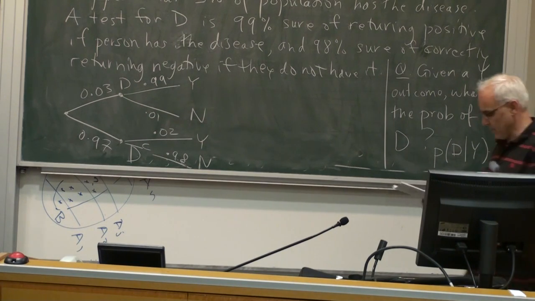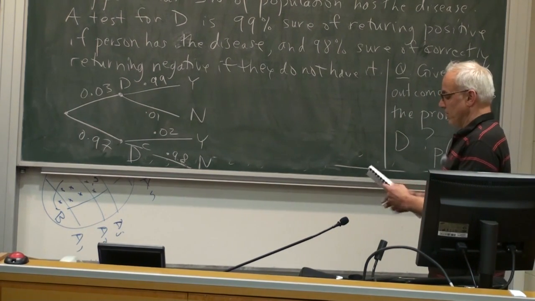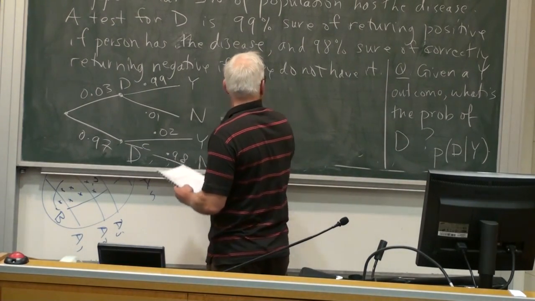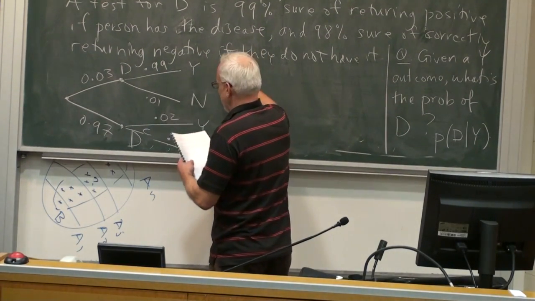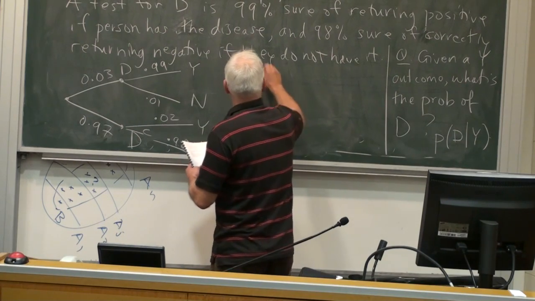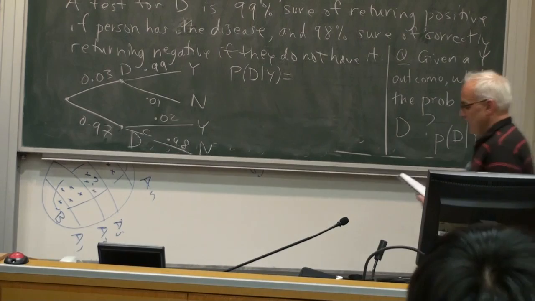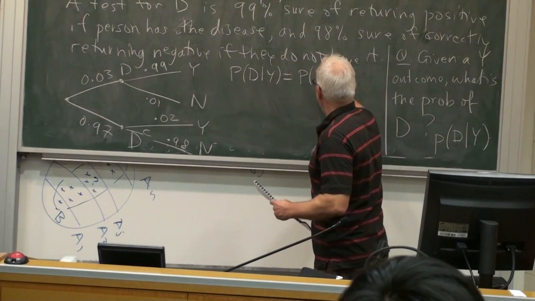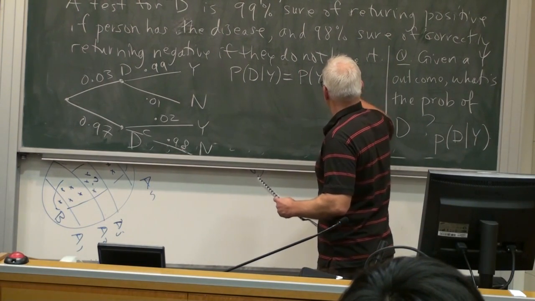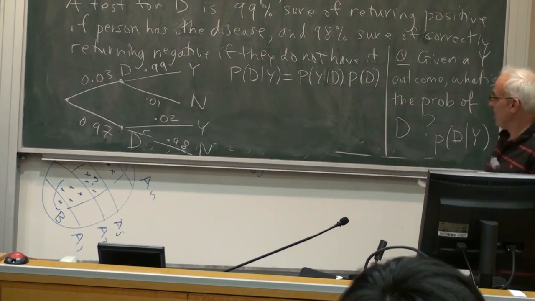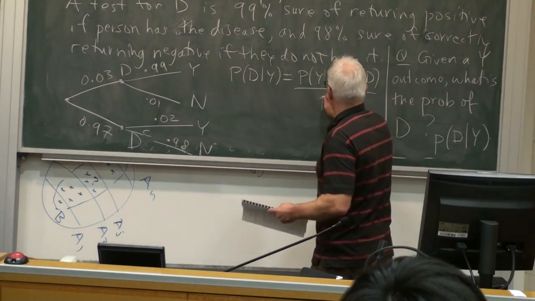Okay, so how do we find that? The probability of disease given y is, according to Bayes' rule, the probability of y given d times the probability of d, divided by the probability of y.